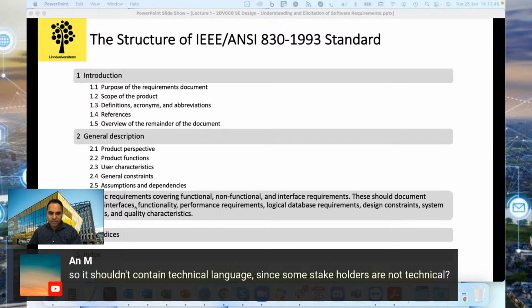In section 3, you are going into detail about technical constraints, focusing on technical aspects of your requirements, rather than in the general description section. I guess I could answer your question. As you can see, you have a general section and specific requirements. The general section could be more useful for non-technical stakeholders, and section 3 could be useful for technical people or technical stakeholders.